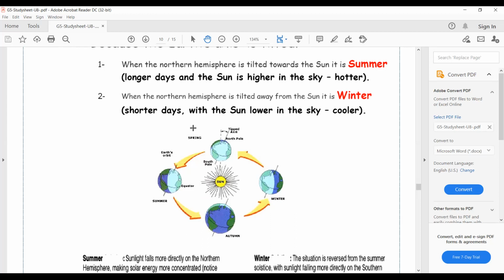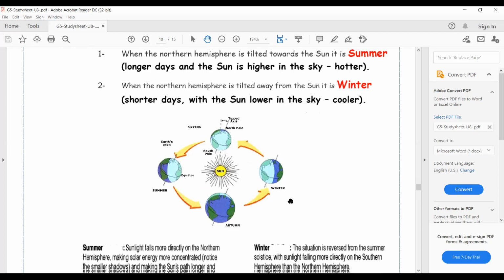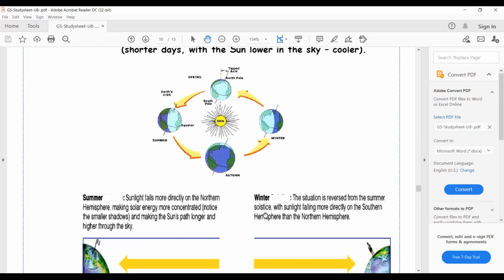The earth goes to complete half orbit. Okay, the north hemisphere now is tilted toward the sun, so they have summer, while the southern hemisphere has winter. Okay, and here the spring and autumn, here the autumn, and here is spring.